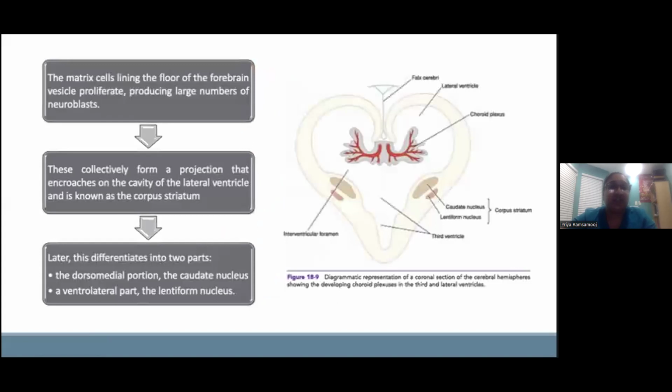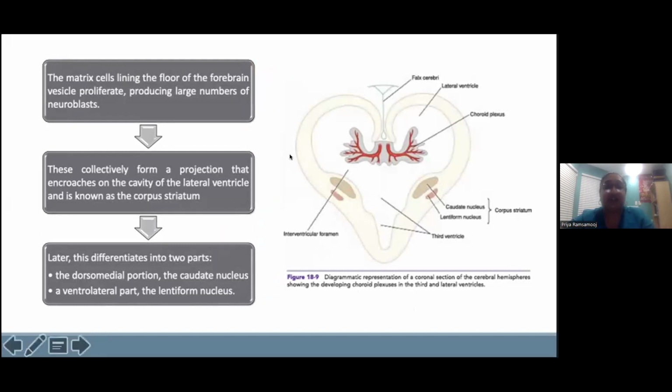So just to touch a little bit more on the cerebral hemisphere, this is the coronal section of your cerebral hemispheres, where you're going to see the choroid plexus in the third and the lateral ventricles. Because remember, as much as we're speaking of the adult derivatives, we need to remember that they also contribute to the ventricular system. So you have the matrix cells lining the floor of the forebrain.